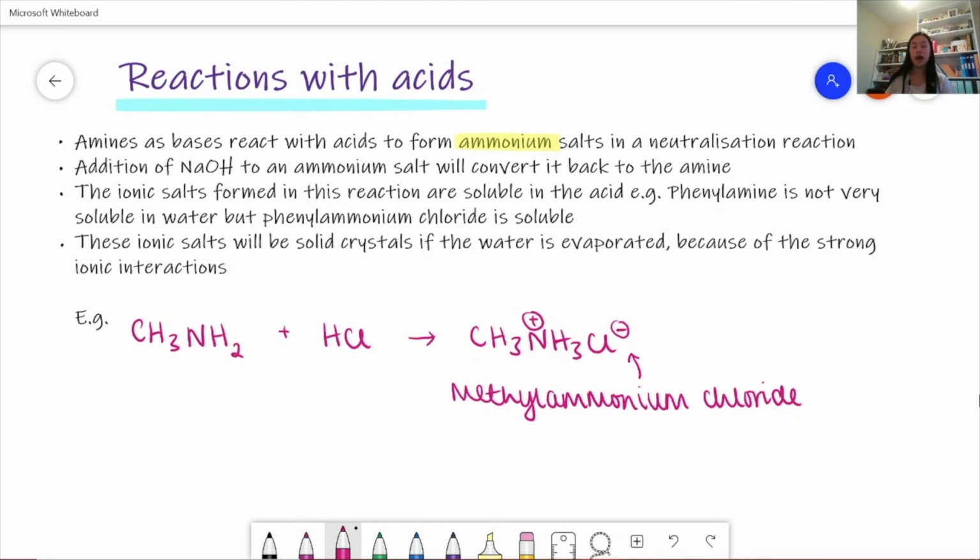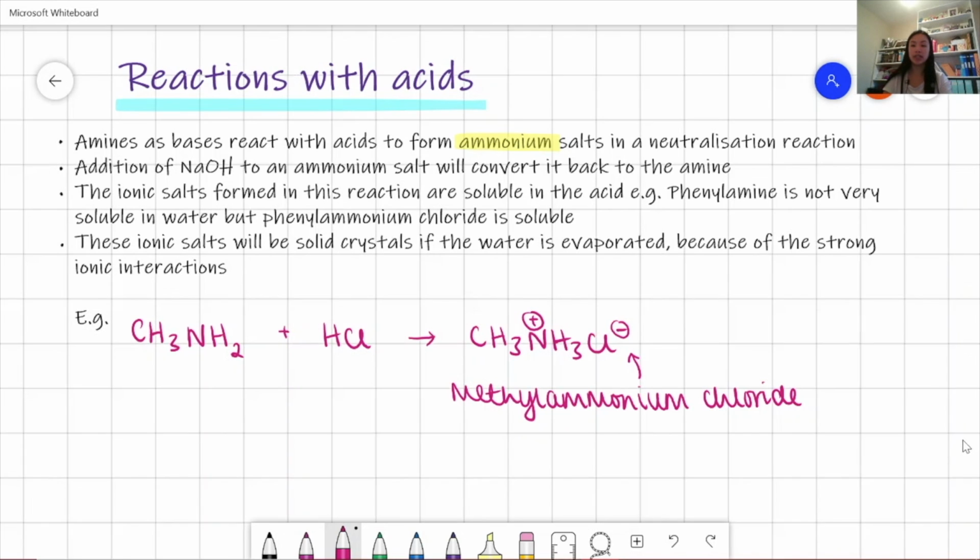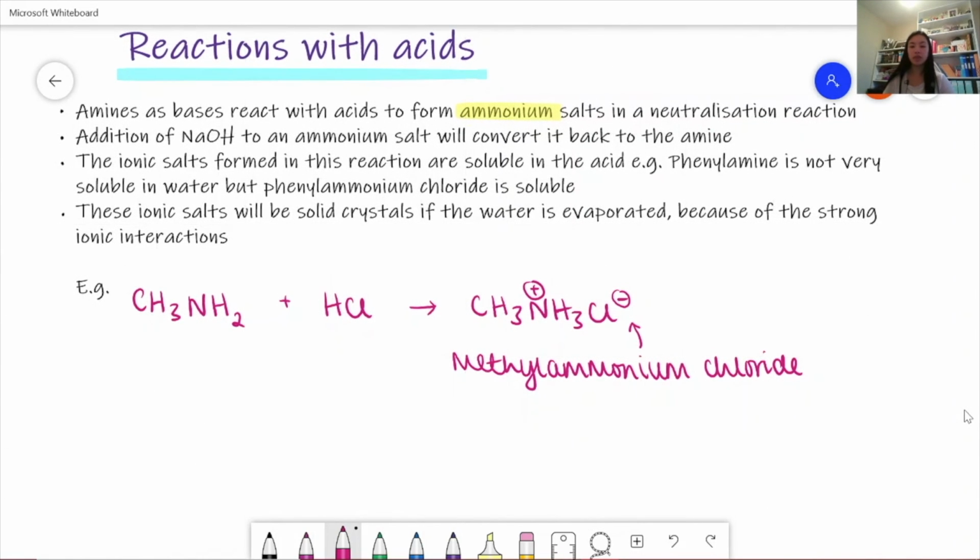However, for acids which are diprotic, so they give off 2 H pluses for every acid, we could have, for example, again this methylamine, but reacting with H2SO4 this time.